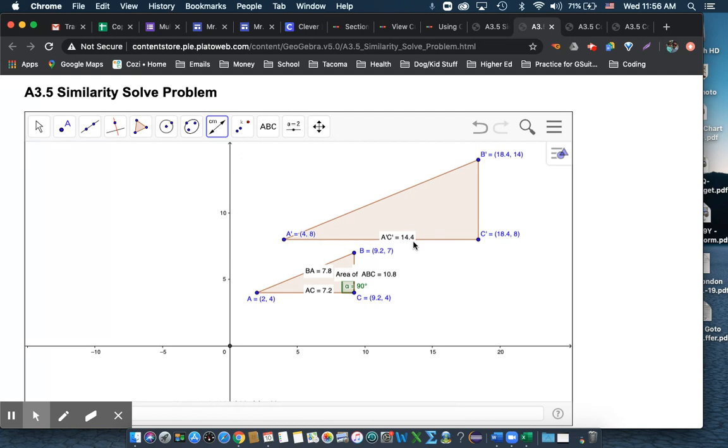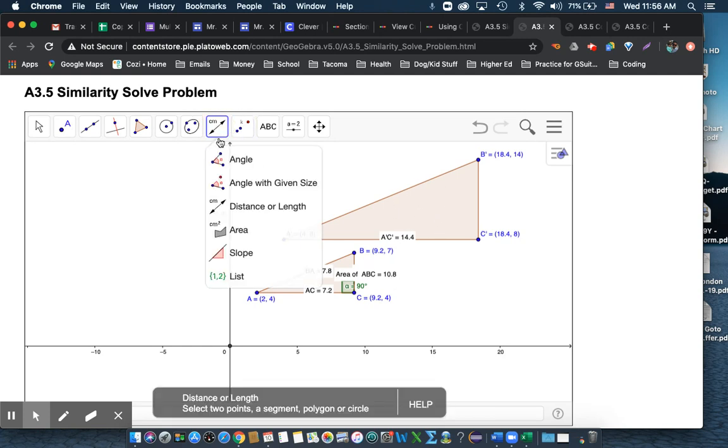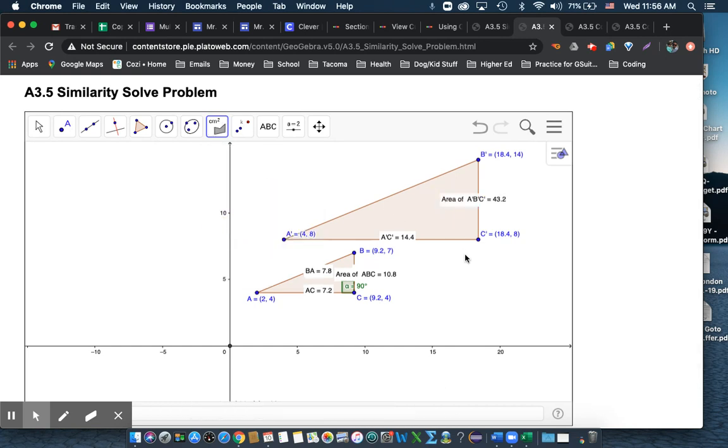So my side length doubled in length. Now, if I find the area of this, it's not double. So I want to just show you that. So area, right? So 10.8 times 2, that should be 21.6. But notice the area is 43.2.